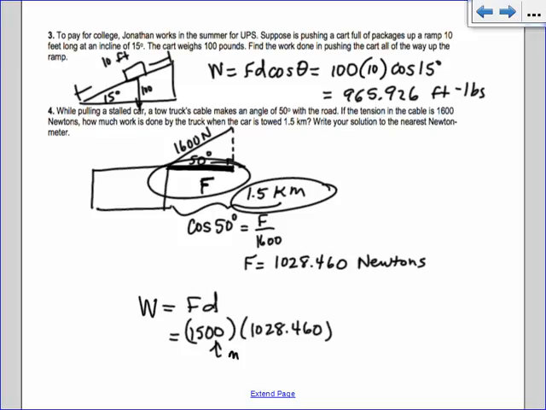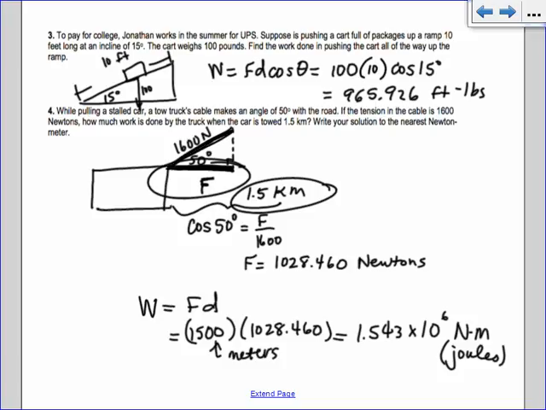So I changed this to meters. So I end up getting 1.543 times 10 to the 6th newton meters. Newton meters are actually joules, if you have heard that before. It's joules.